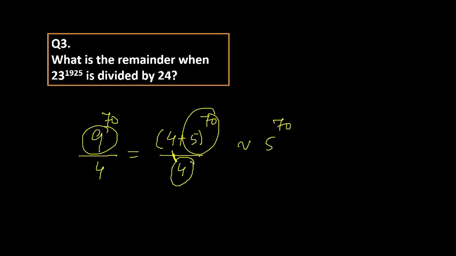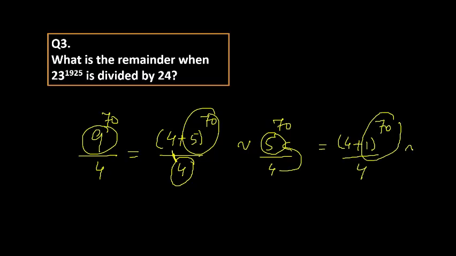We are dividing by 4. How can this be your remainder? Then further we have to divide it by 4. And further we have to apply the rule that we can write 5 as 4 plus 1. We will get our answer. Now your answer is 1 raised to the power 70. That is 1. But this way is very long.